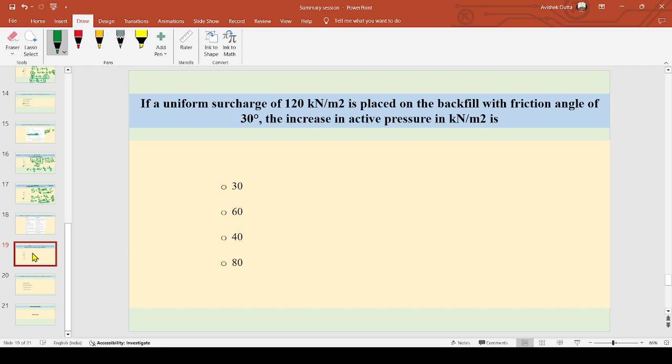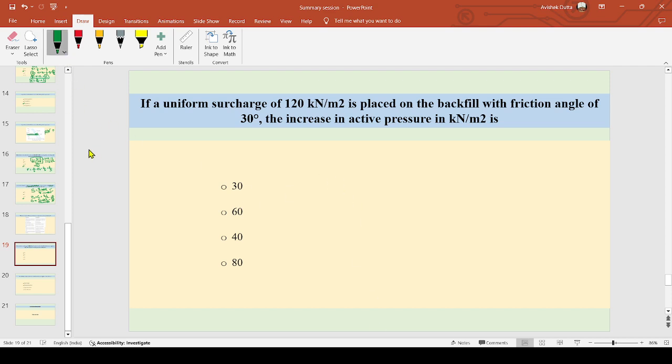So here we have been given a surcharge of 120 kilonewton per meter square placed on the backfill with friction angle of 30 degree.